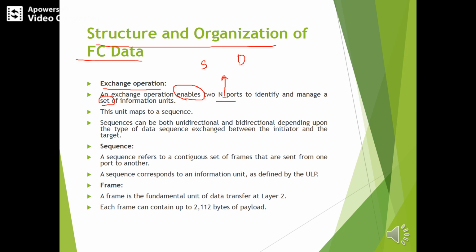So this unit maps to a sequence. A sequence can be either unidirectional or bidirectional. The data can be transmitted bidirectionally or unidirectionally, so depending upon the type of the data sequence, I have to consider what kind of data we are sending.